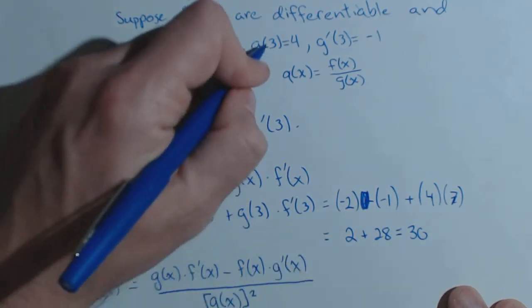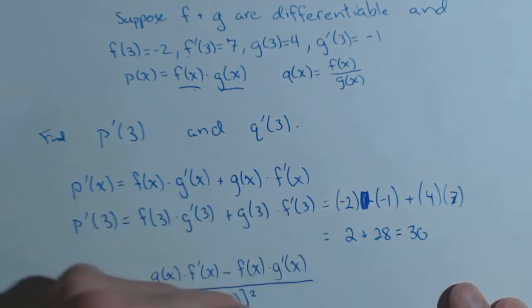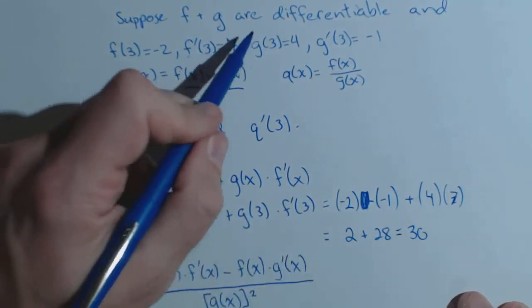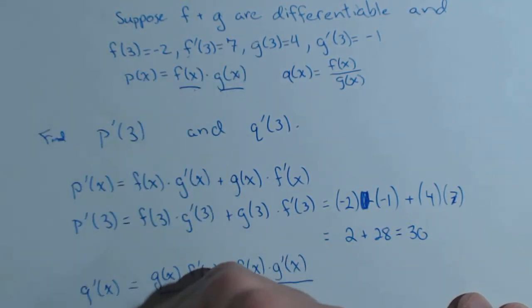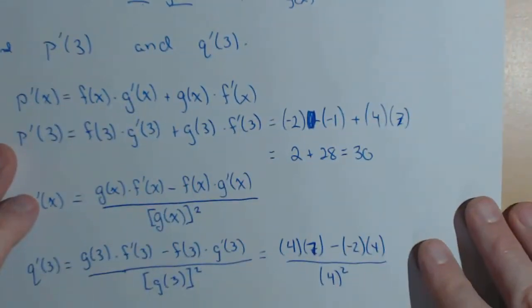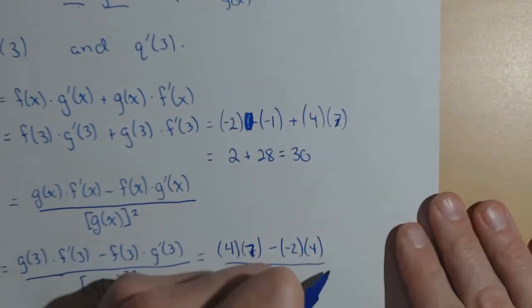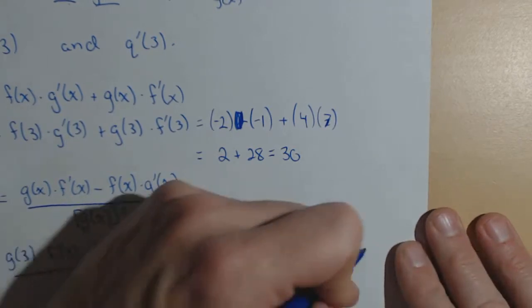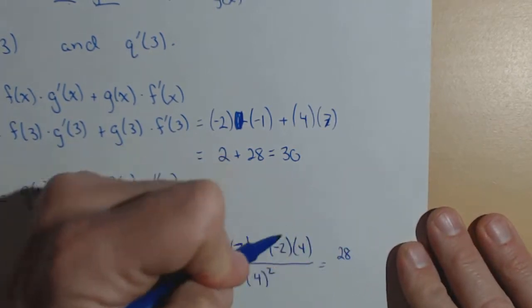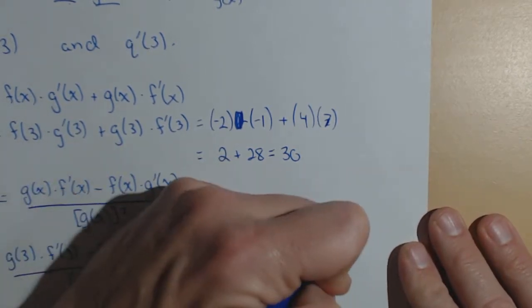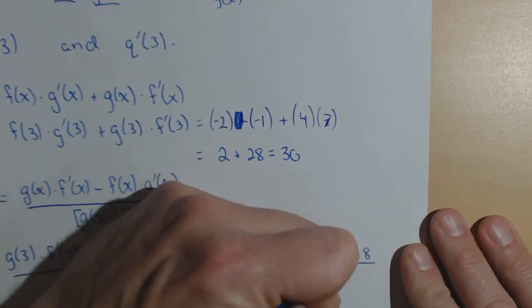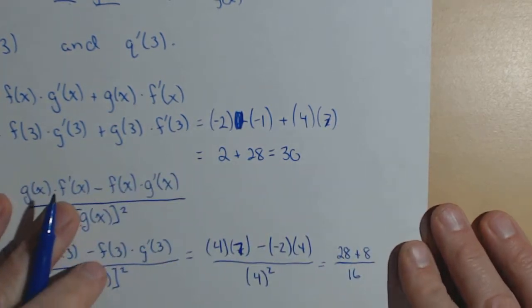G prime of 3 is 4. And finally, it's over g of 3 squared, so over 4 squared. So we are going to have 28. That's going to be a -8 minus a -8, or plus 8 over 16.